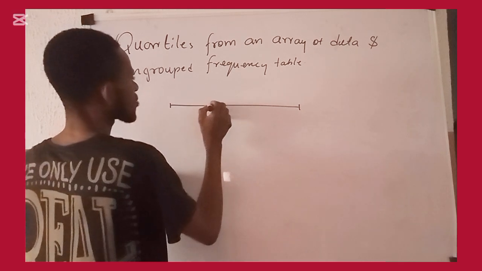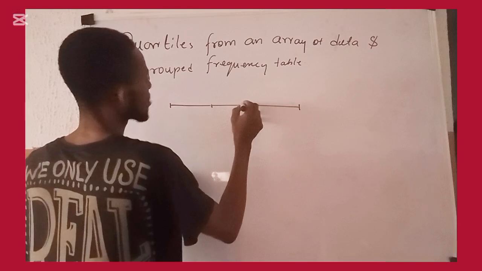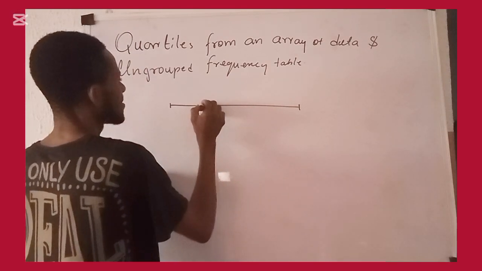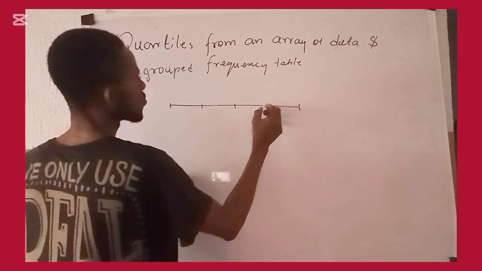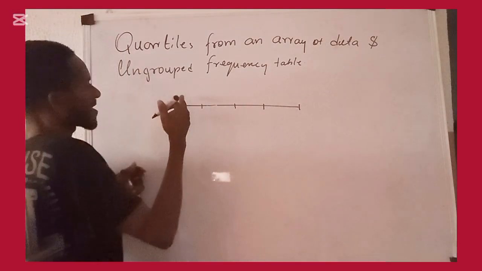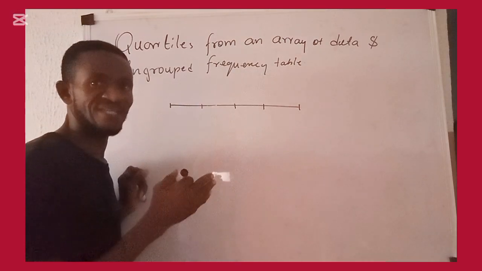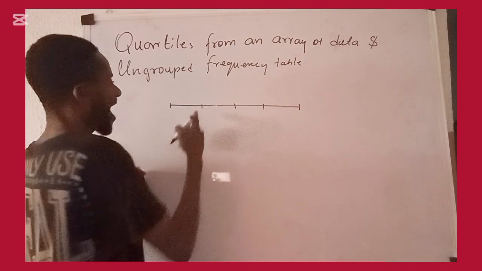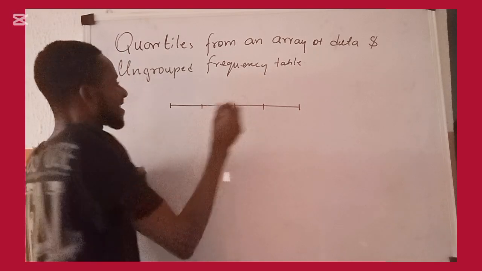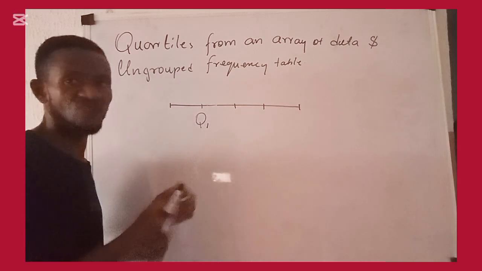I might draw something this way, and something this way. Then let us count. You'll find out that here is 1, 2, 3, 4. I've divided this data set into four equal parts. And that first stroke of line with which I divided this data set is what we call our Q1, our first quartile.